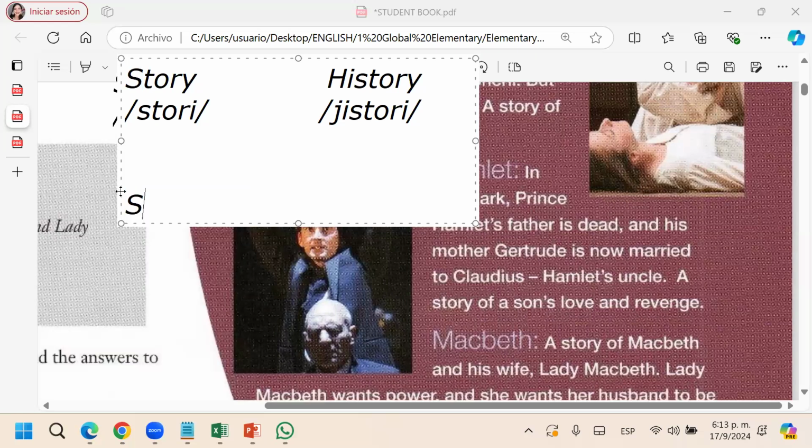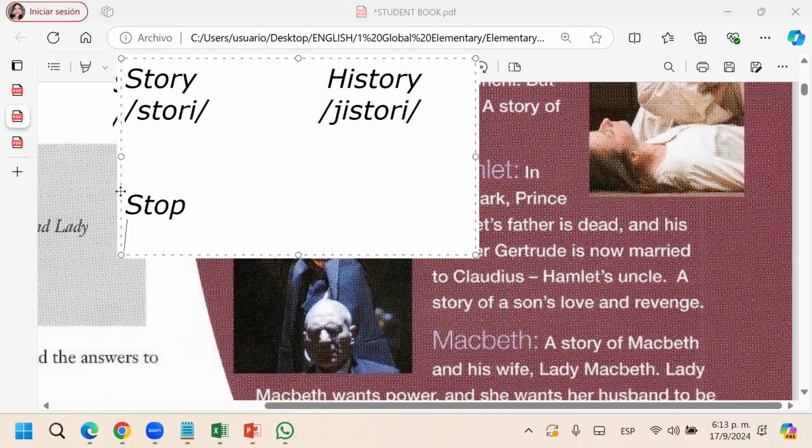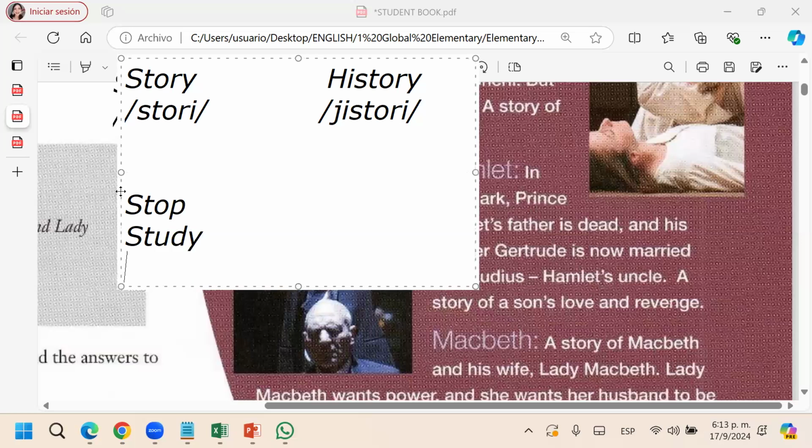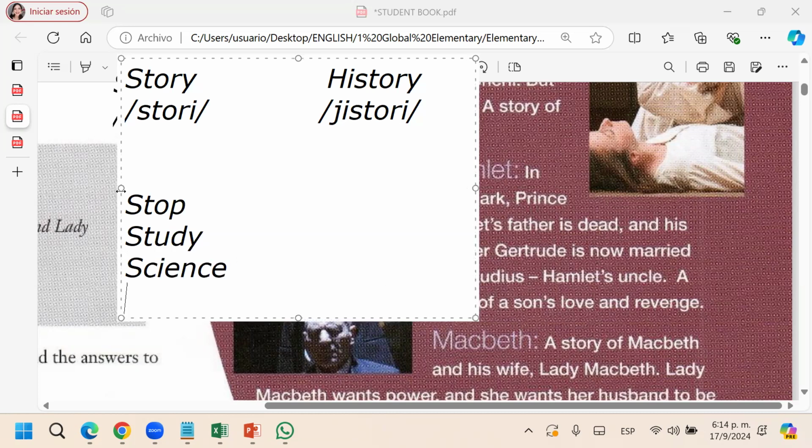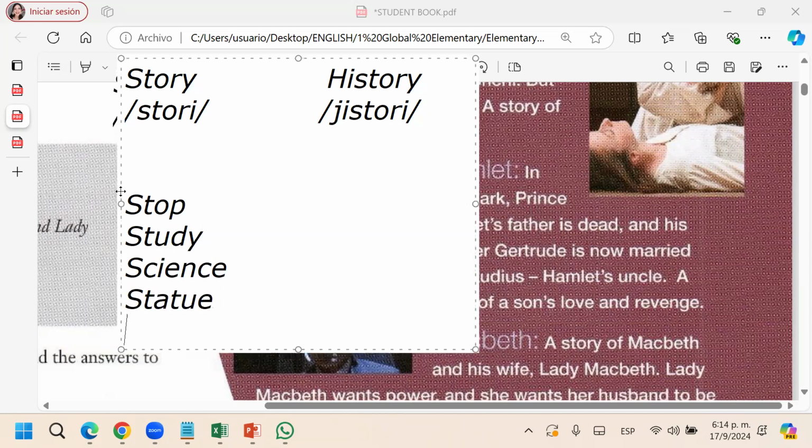Like when we say stop, study, scientific, science, tattoo, station. So it is the sound of the S. Story, story. You don't have to open your mouth. It stays closed. Story.